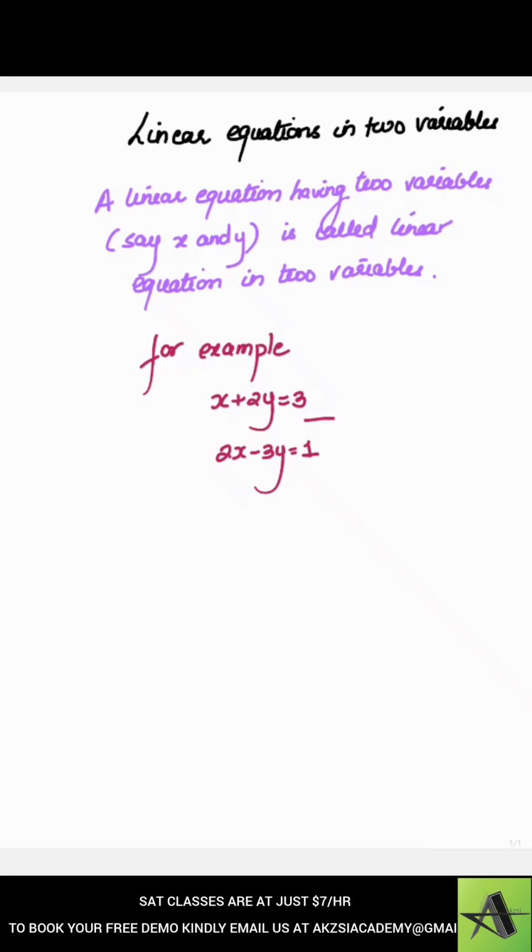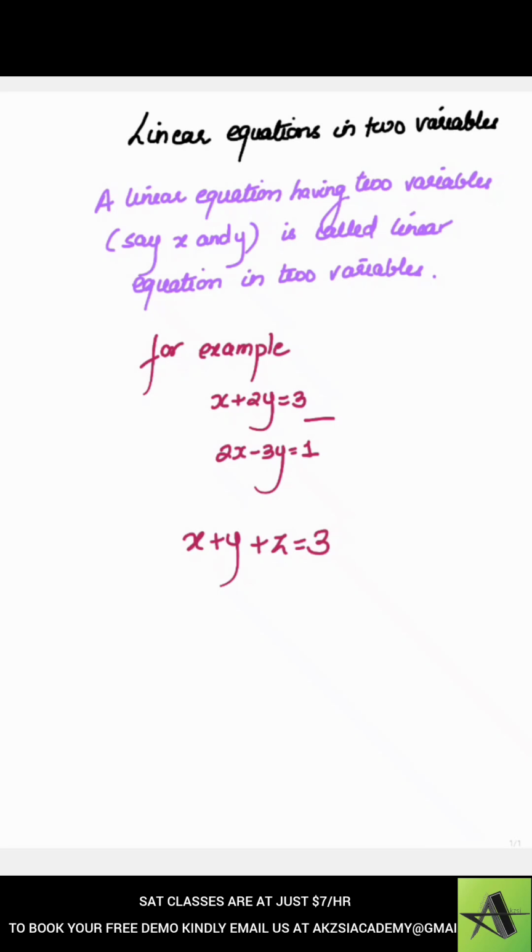Suppose your equation is x plus y plus z equals 3, and you have to calculate a unique solution for x, y and z. To calculate three different values, you need three different equations because you have three different variables. To calculate a unique solution, a unique value, you require three different equations, and that is called a system of equations.